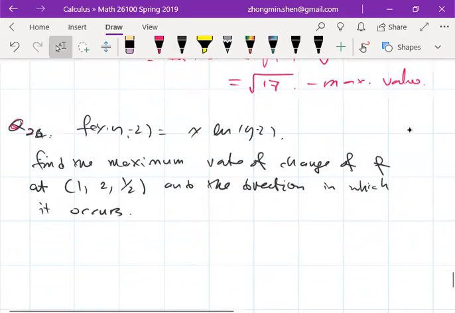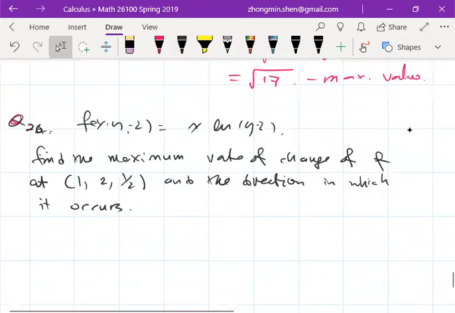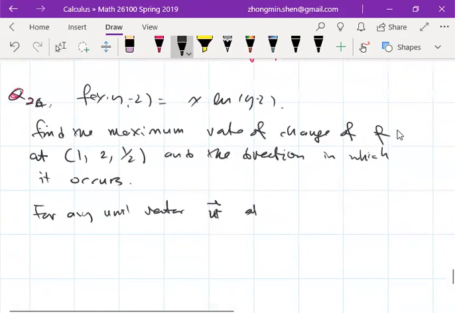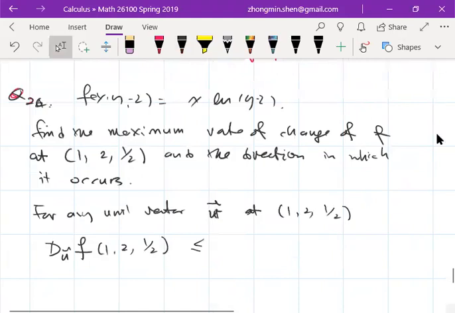So you're given a function defined in a 3-dimensional space. What is the theory behind it? The theory is, for any unit vector u, I have to say unit vector, at the point, the directional derivative at that particular point has an upper bound, which is the length of the gradient.